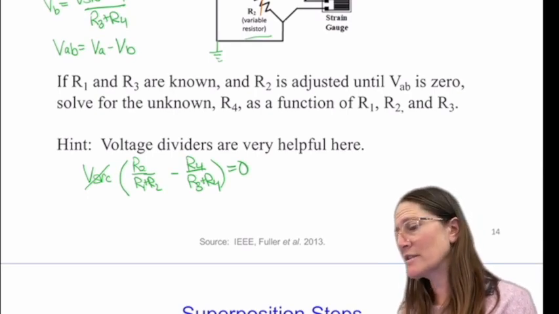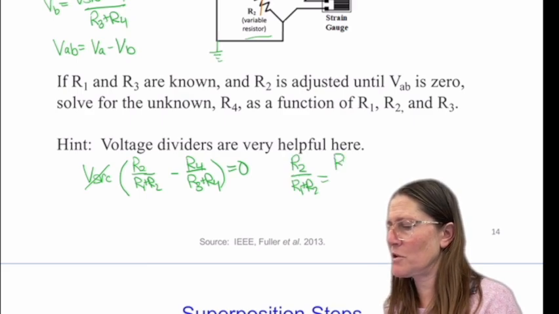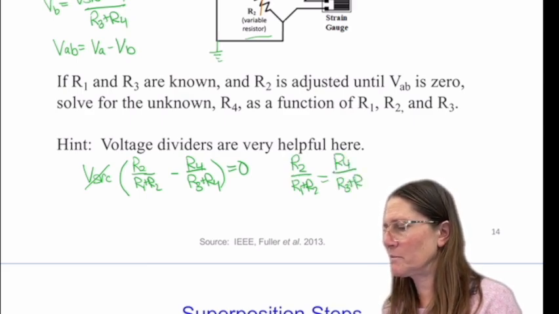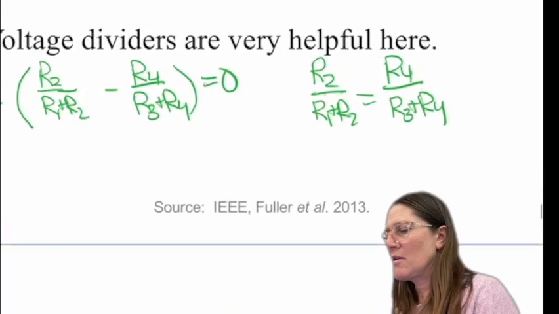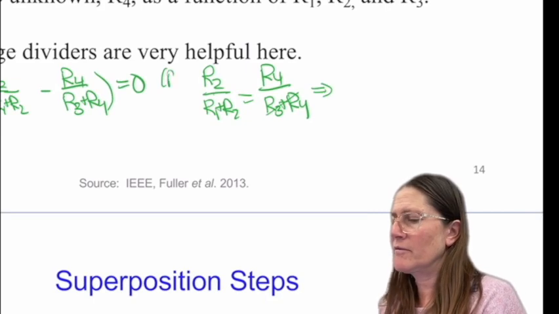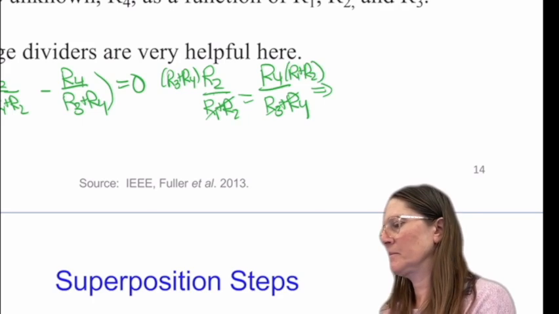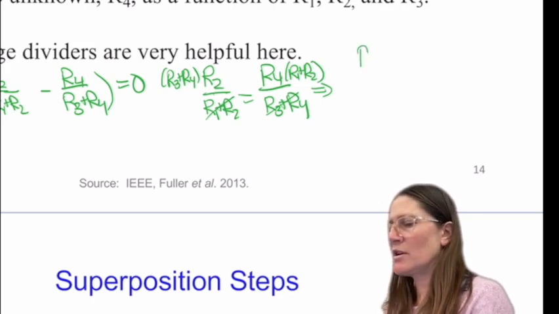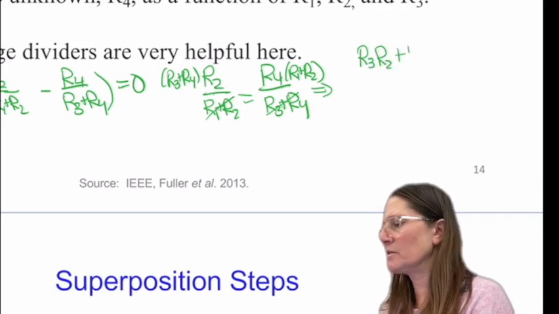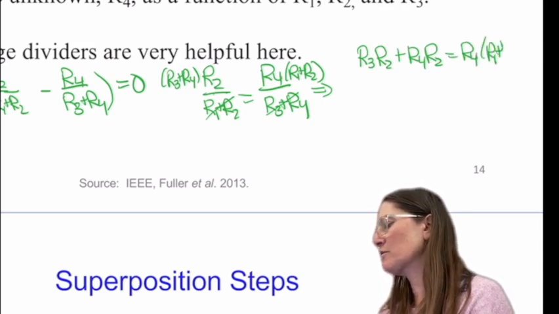I can take that over to the other side of 0, and then we have R2 over R1 plus R2 is equal to R4 over R3 plus R4. And then multiplying these over to both sides, you get R3 R2 plus R4 R2 equal to R4 R1 plus R2.